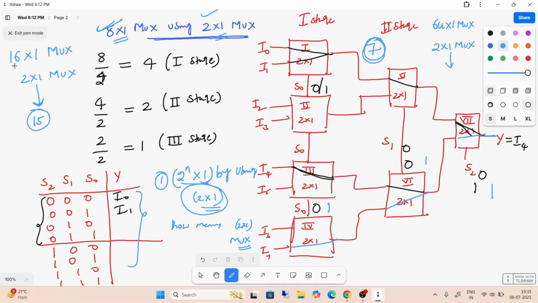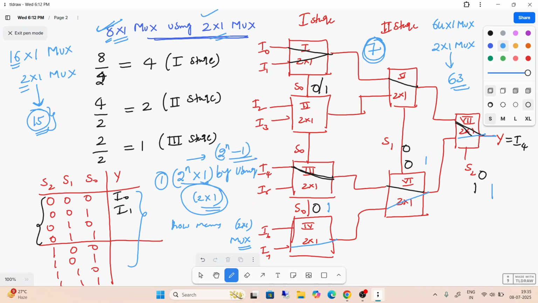Here 16x1 MUX using 2x1 MUX I got 15, and 8x1 MUX by using 2x1 MUX I got 7. Here how much will you get? 63. So what is the general formula? 2 power n minus 1.